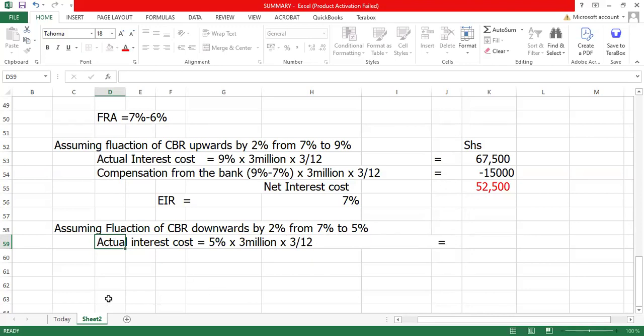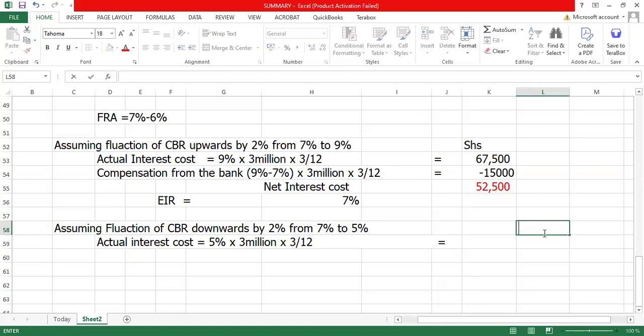Okay. Then who is compensating now? It's not the investor, the borrower. The borrower is the one now. Don't mix those two. You had agreed that the FRA rate to be 7%.